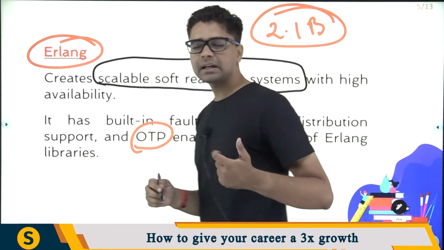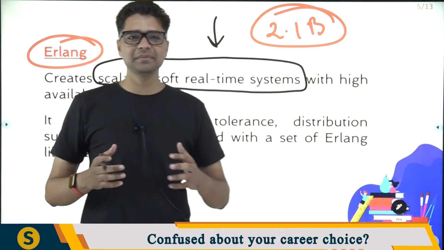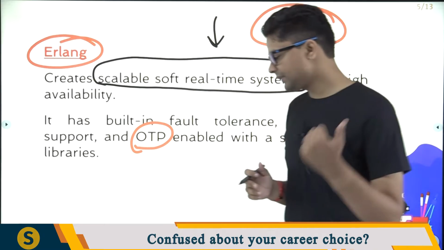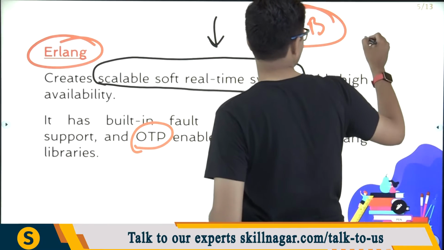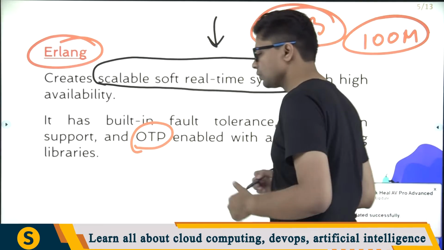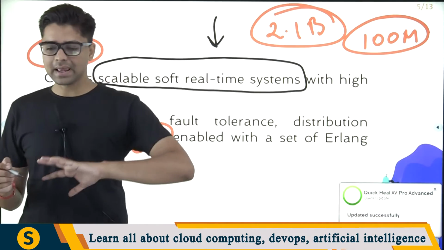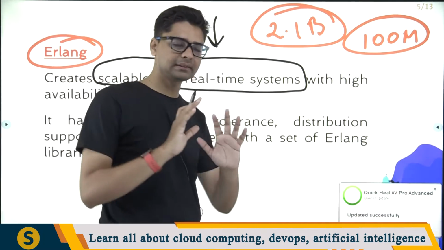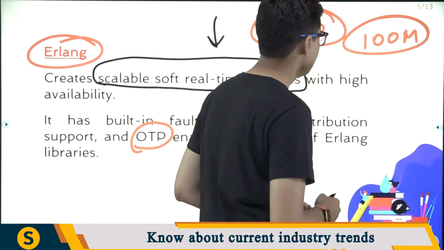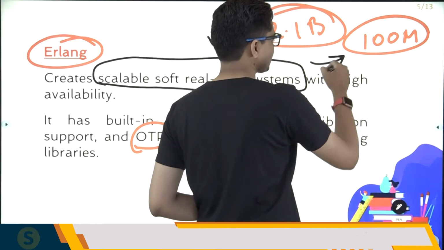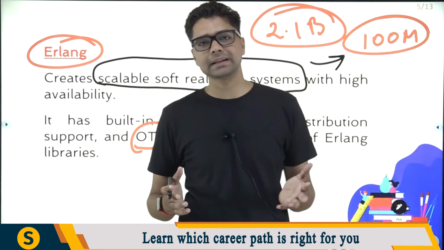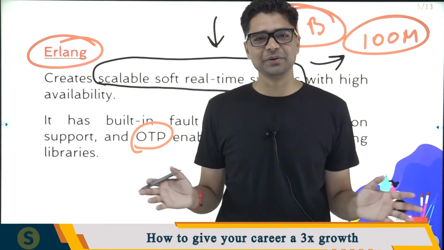You can imagine the kind of real-time scalability you need at that level, because at a given time I believe around 100 million people are requesting OTP from Facebook on average. Now this is just an assumption, but you can imagine the scale this has to be, because otherwise it will break. Just imagine you want to log into your WhatsApp and it is not connecting, OTP is not coming, and you will be doomed.